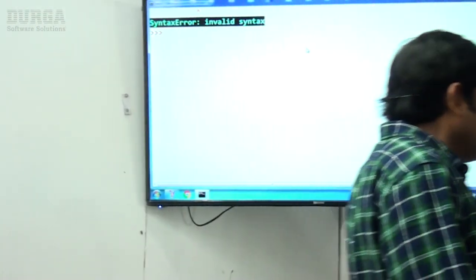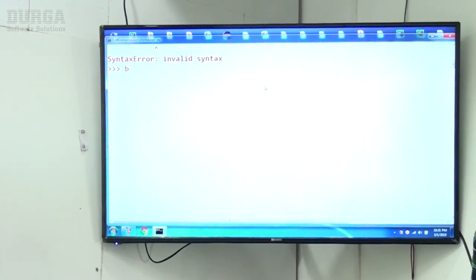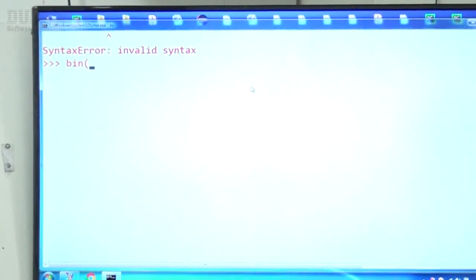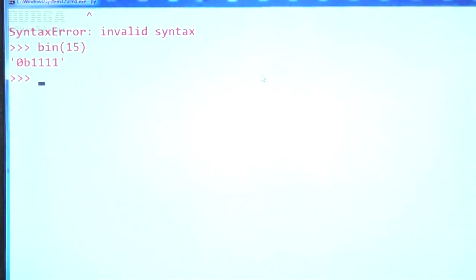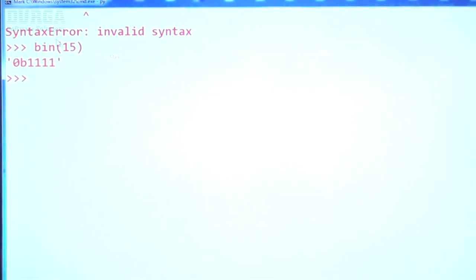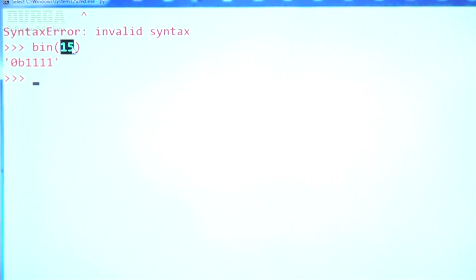Let me go for this small example. Here I am taking bin of 15. What is the answer? 0b1111. Can you please convert the decimal number 15 to binary? 0b1111.